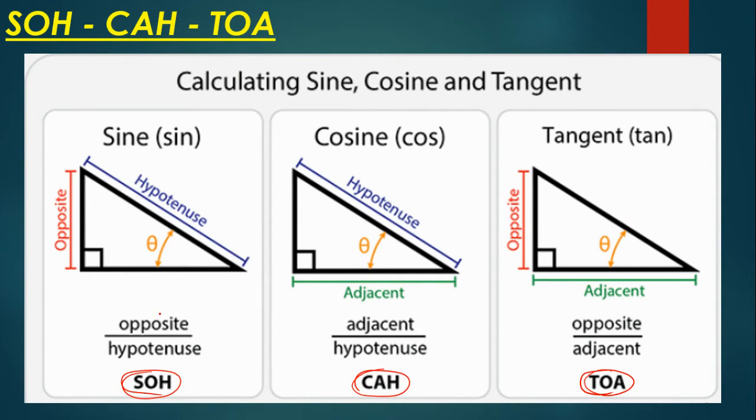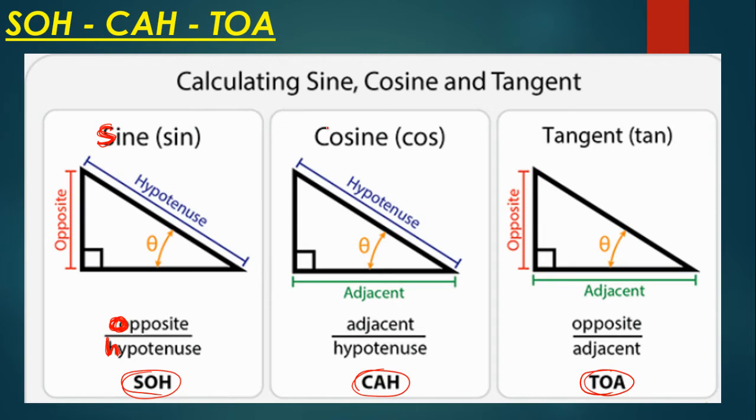What does SOHCAHTOA mean? The first letter of sine is S, the first letter of the numerator, opposite, is O, and in the denominator the first letter is H. Therefore, these three together, S, O, H, we call SOH.